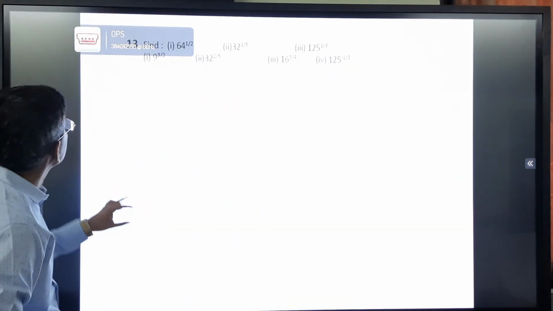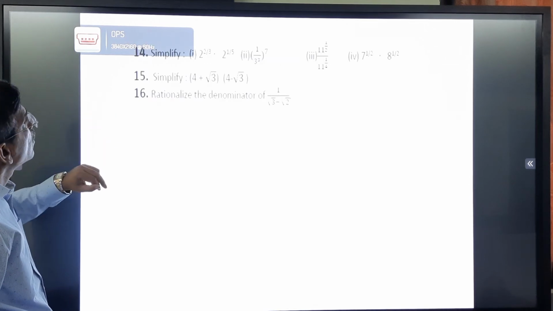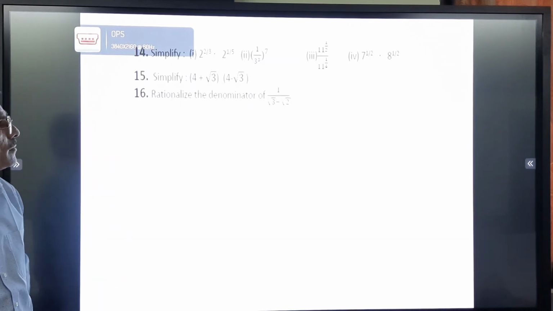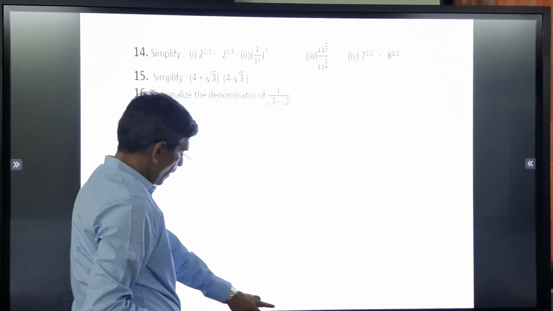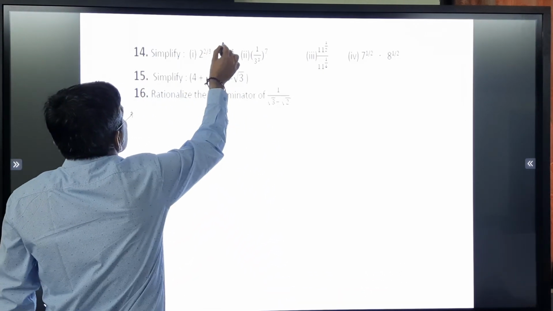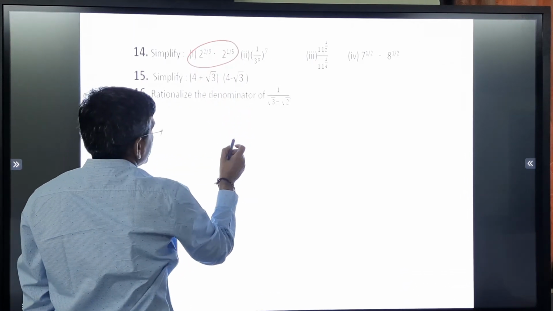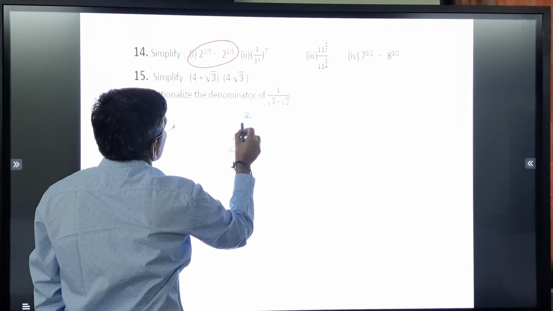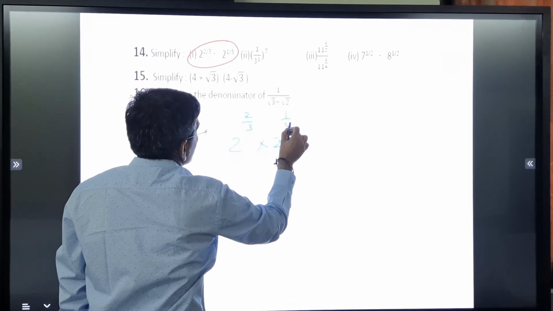Mostly now we have completed. Still see there is some. Okay. Still now some sums that we have to complete. Simplify it. So simplify means in multiplication what we have to do? Addition of power. That is 2 by 3 multiply 2 to the power 1 by 5.